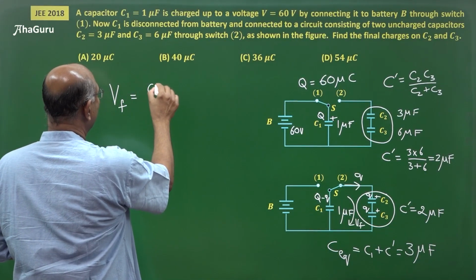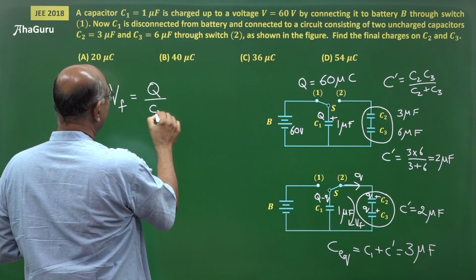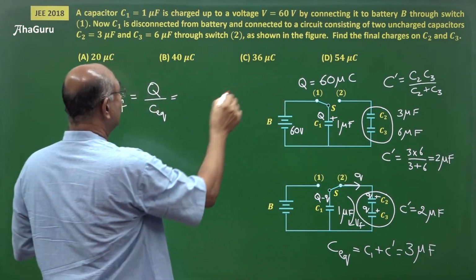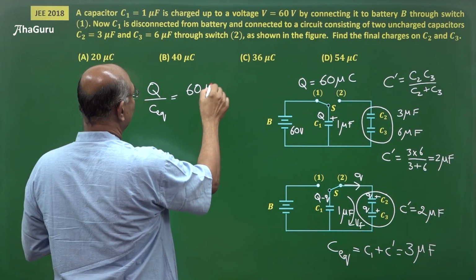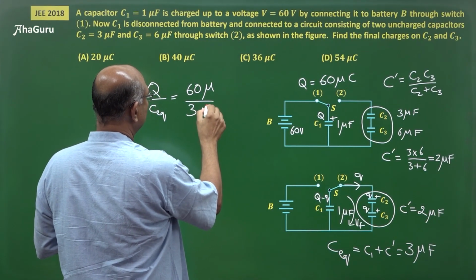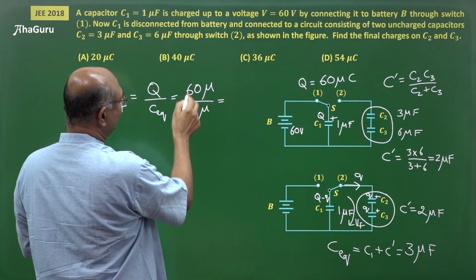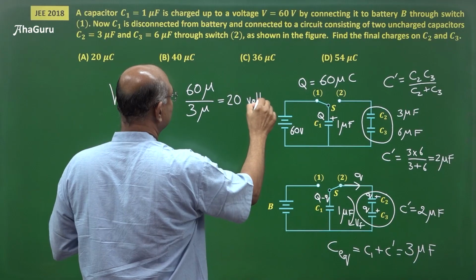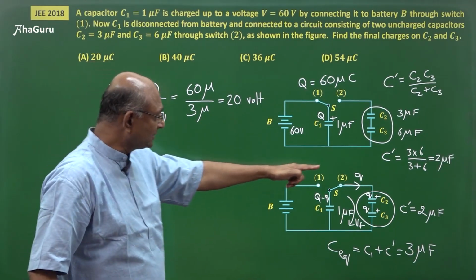You can write Q divided by C equivalent because the total charge is capital Q. Now capital Q is 60 microcoulomb and C equivalent is 3 microfarad. So what do you get? Micro cancels, you get 20 volts. So this is the final potential drop.